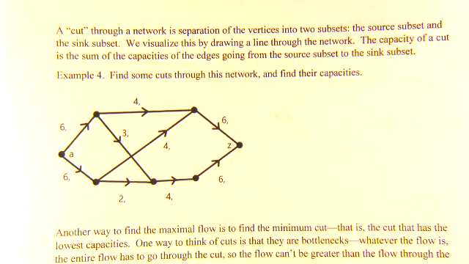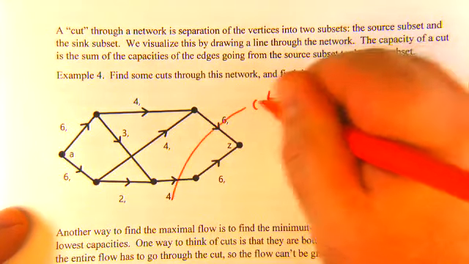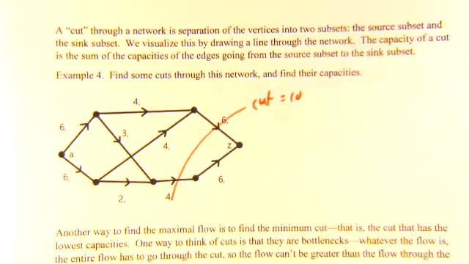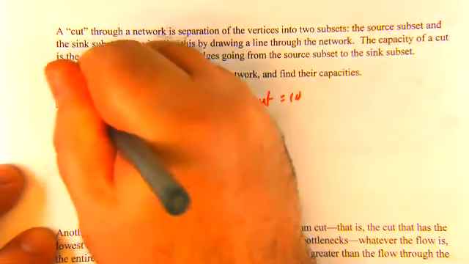What are some cuts through this network? Like we said, this is a cut that's at 10. This is a different cut. That's got a capacity of 12.